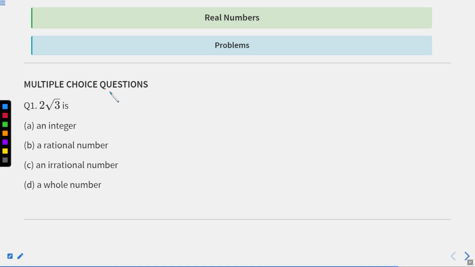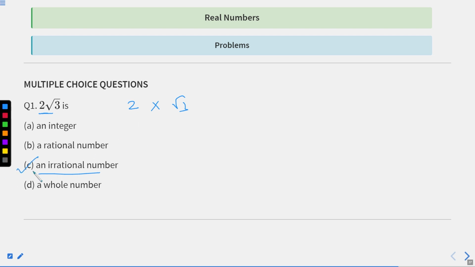Here we solve some problems. These are multiple choice questions. In the first question, we have to identify what type of number 2 times root 3 is. This is an irrational number, since 2 is a rational number and root 3 is irrational, and the product of an irrational number and a rational number is irrational. So option C is correct.